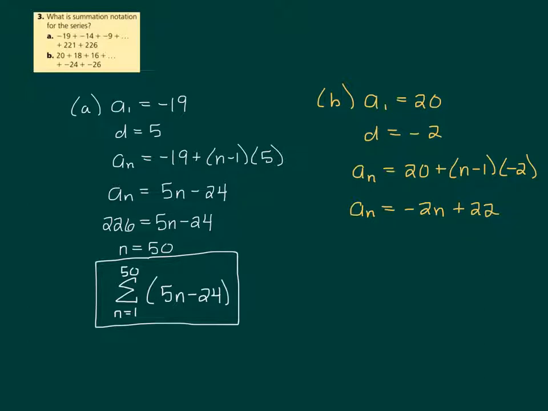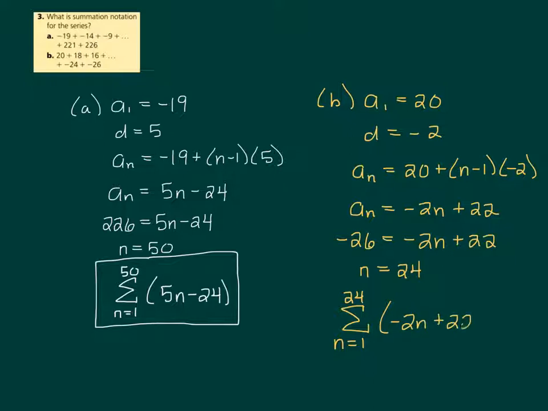This series goes all the way until negative 26. So what term in this sequence is negative 26? It is the 24th term. So then the sigma notation, the sum as n goes from 1 to 24 of negative 2n plus 22.